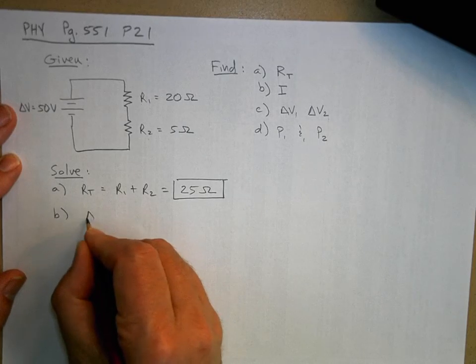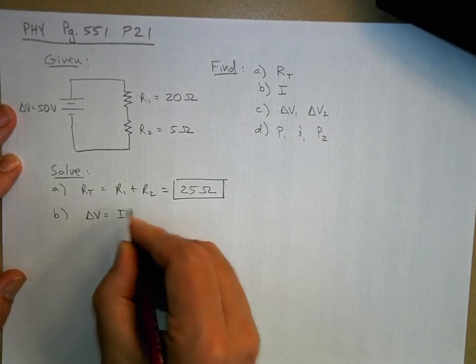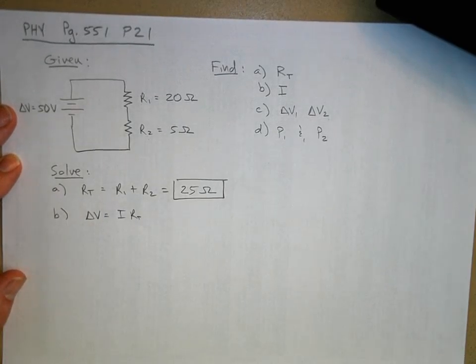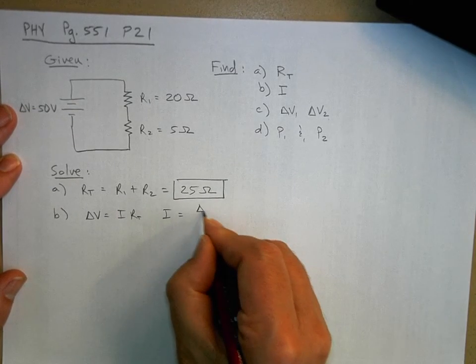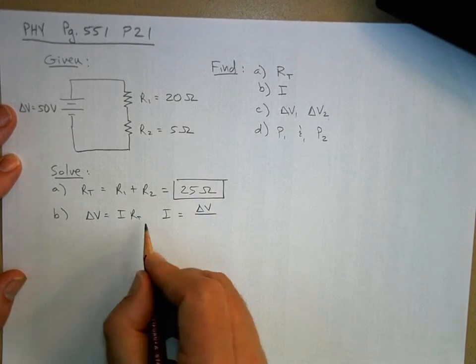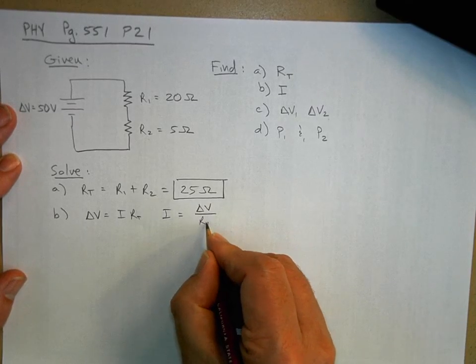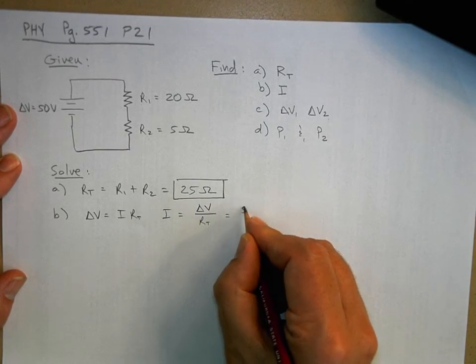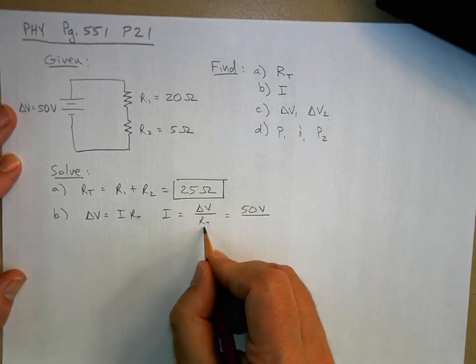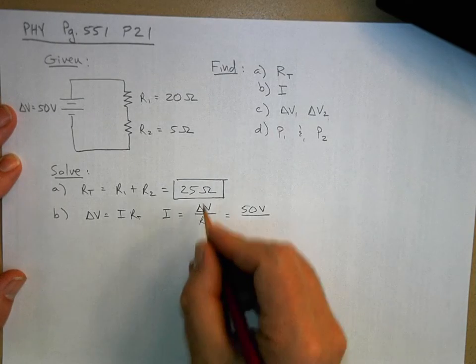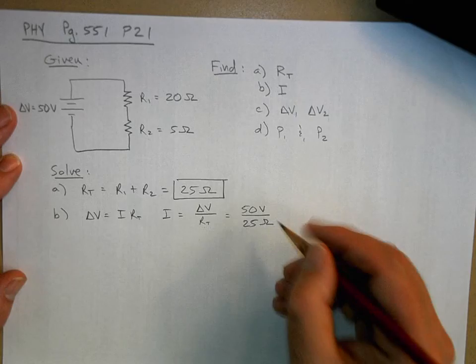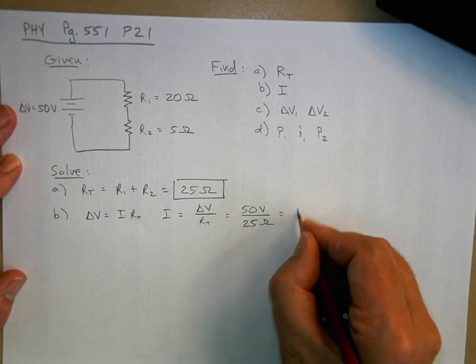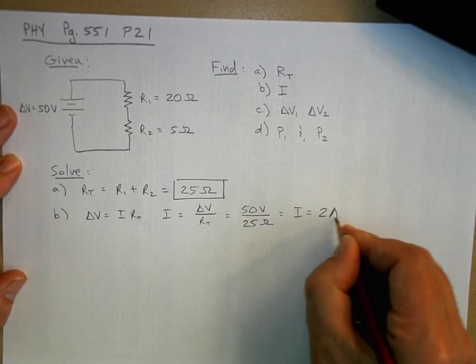I know that the total voltage is equal to I times the total resistance, so I will be equal to the total voltage divided by the total resistance. So 50 volts divided by the total resistance, which is 25 ohms. And remember, an ohm is a volt per amp. So that gives us the current is 2 amps.